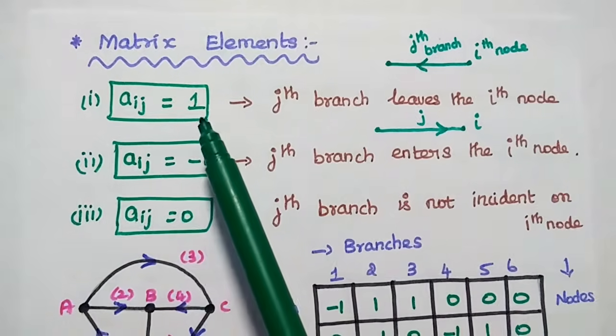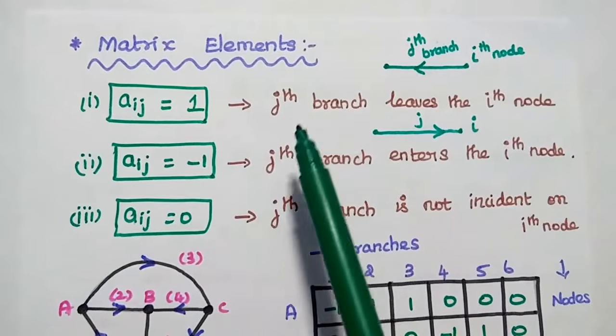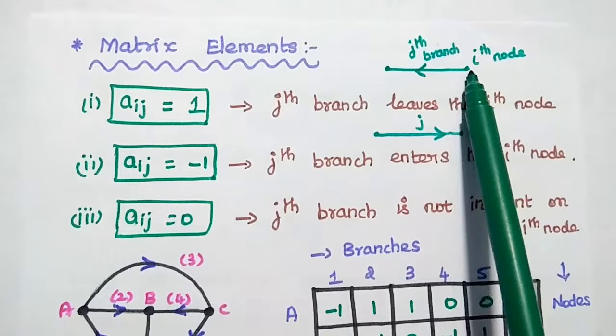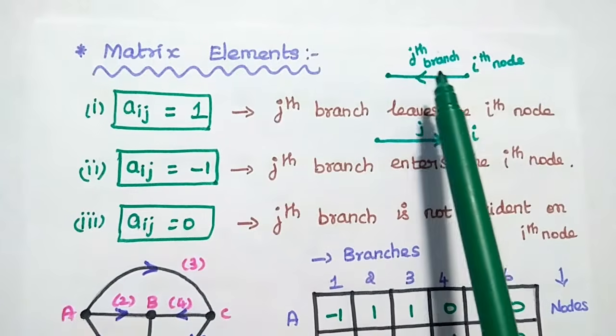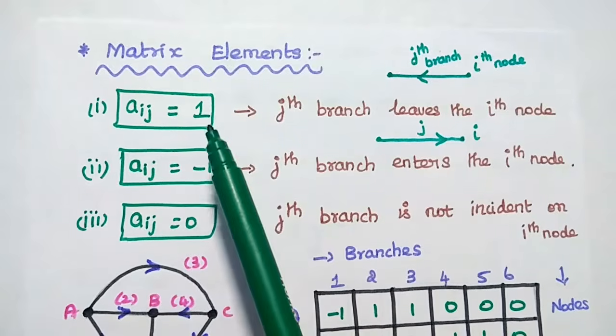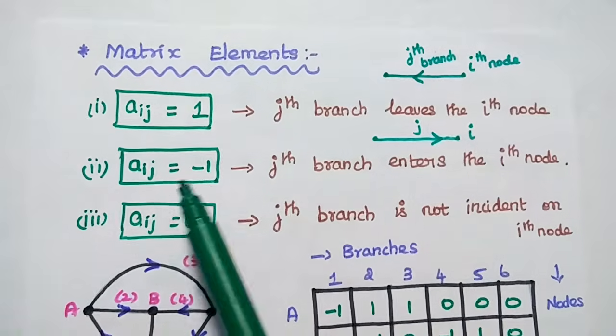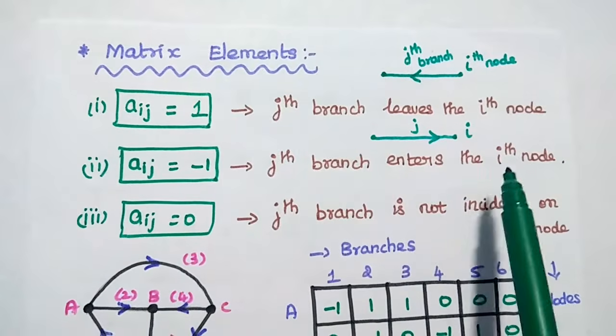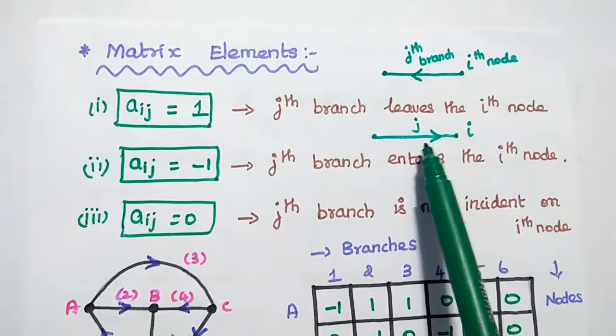Aij value is equal to 1. That means the jth branch leaves the ith node. So here consider this is the ith node. If the branch is leaving from this ith node, then we can say its value is plus 1. Aij is equal to minus 1 if the jth branch enters the ith node. So here you can see that orientation.